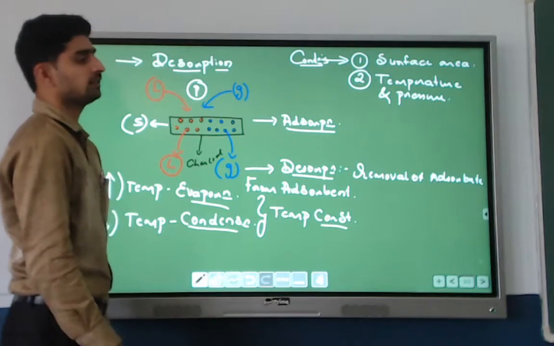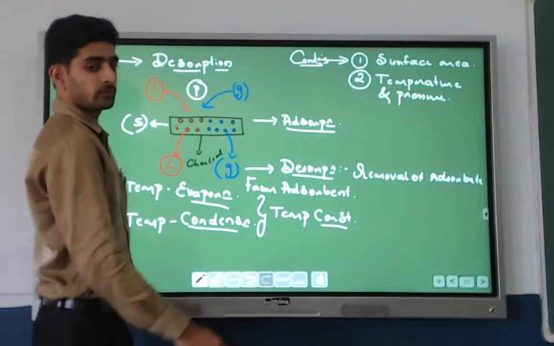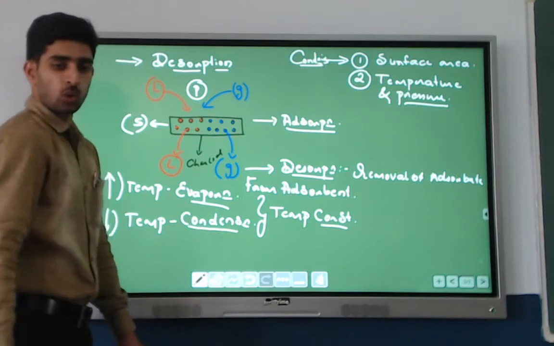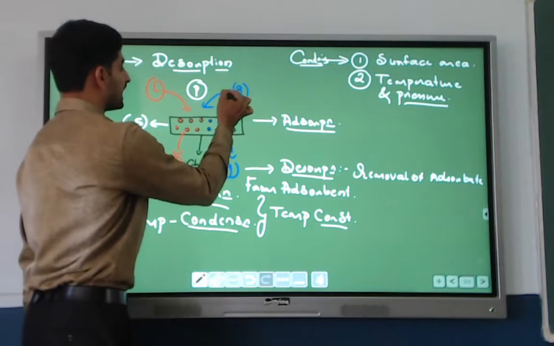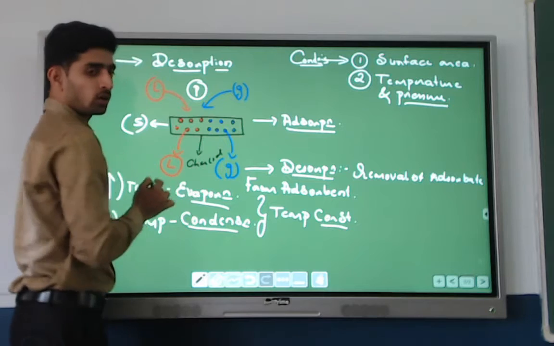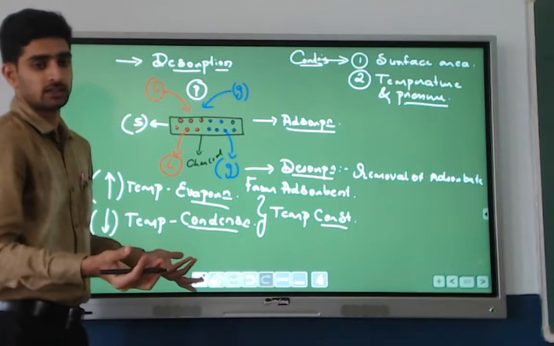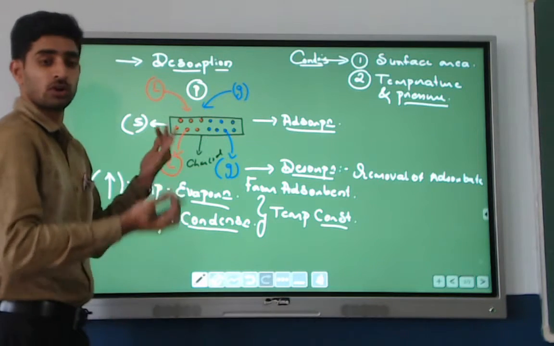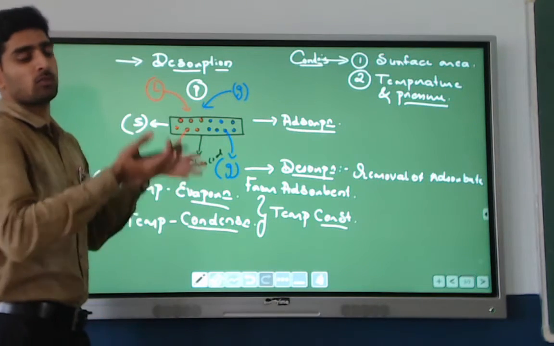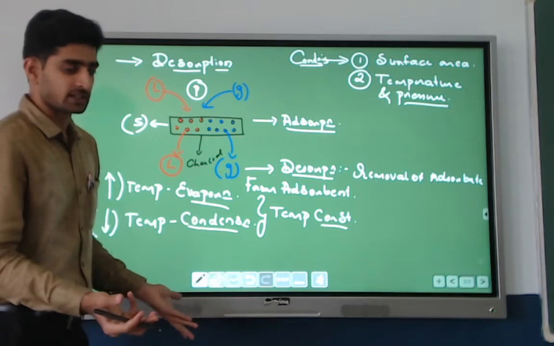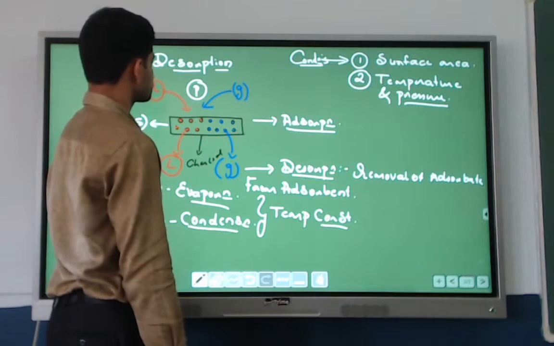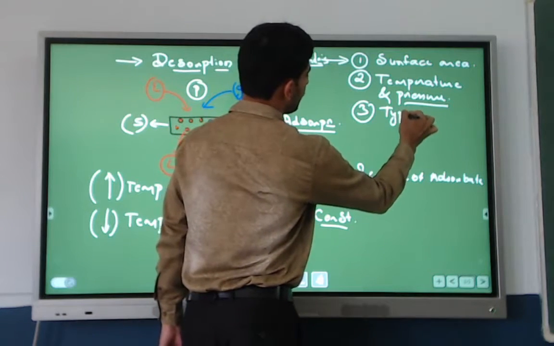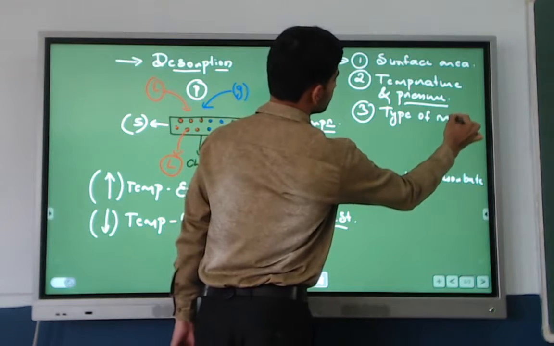Now, when you allow a pressurized gas into a container, only due to that pressure do the gas molecules start accumulating on the surface of the solid. If you decrease the pressure, the accumulation of gas molecules decreases. If you increase it, the accumulation of gas molecules increases. Now, the third one: type of molecules.